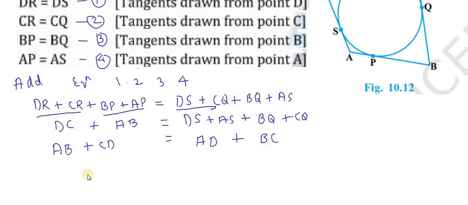Therefore AB plus CD is equal to AD plus BC. This is the proof. I hope all of you understood.